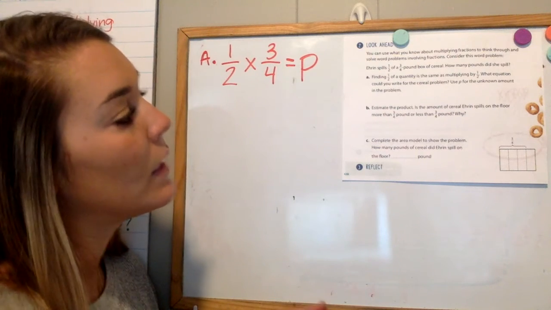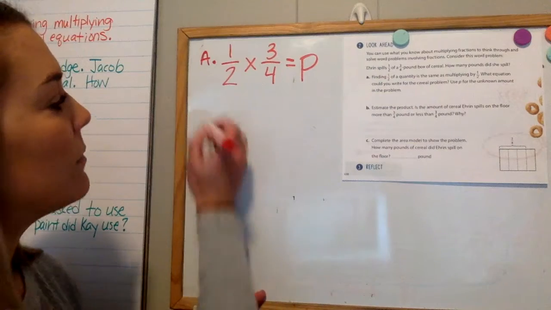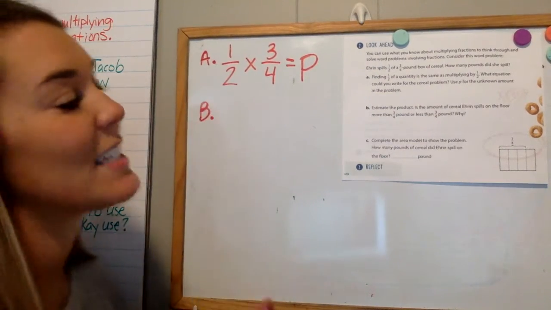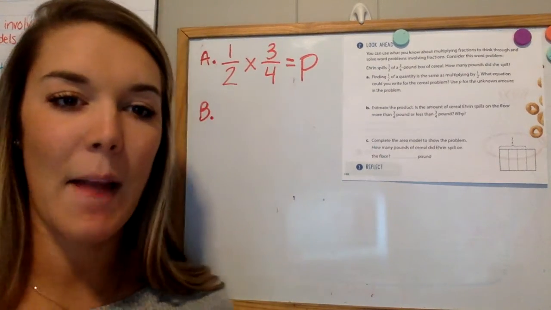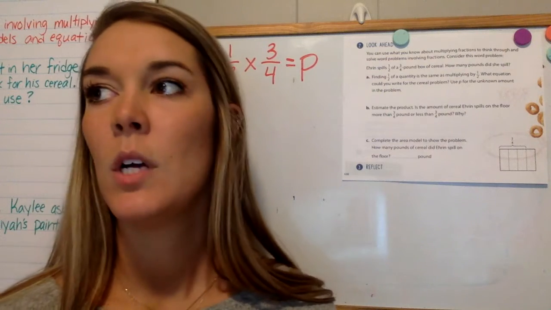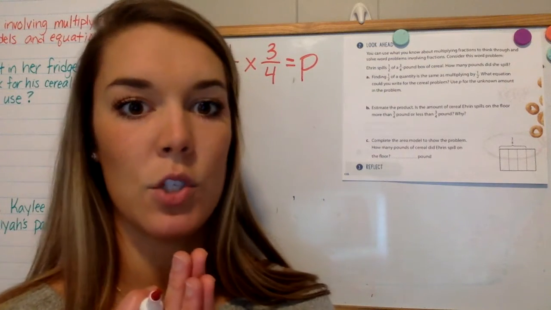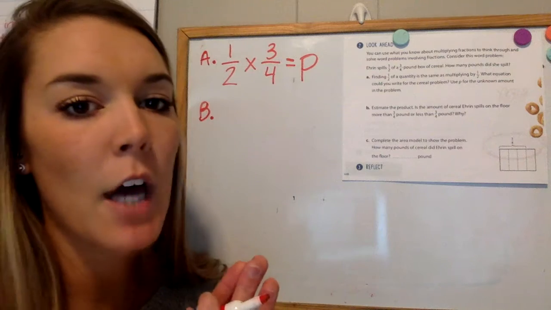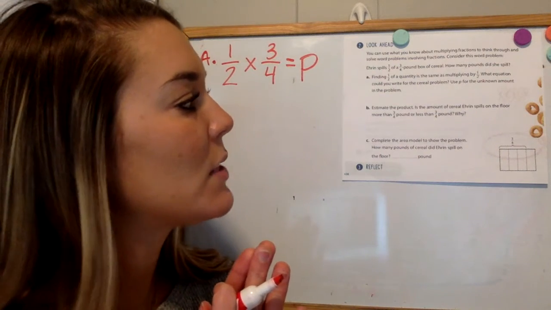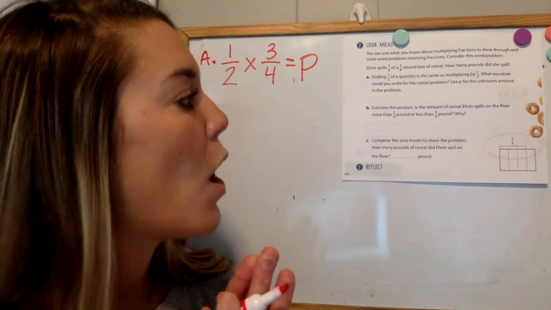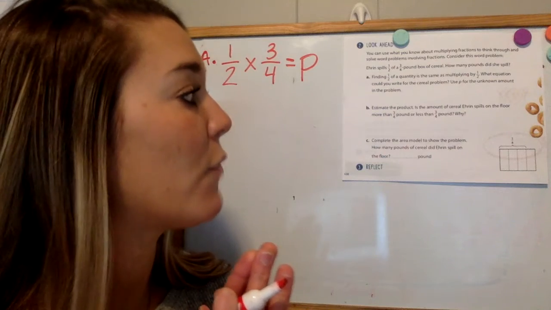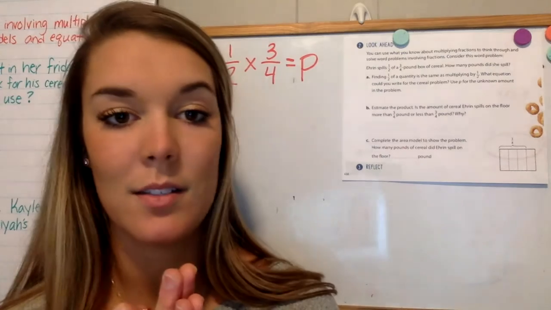Okay. Now, B. It says estimate. So I know when I estimate, I'm thinking about what it's going to be really close to. Estimate the product. Is the amount of cereal Aaron spills on the floor more than 3/4 of a pound or less?